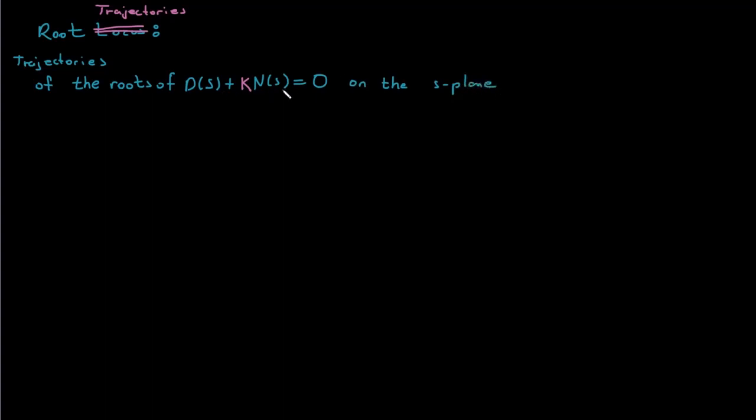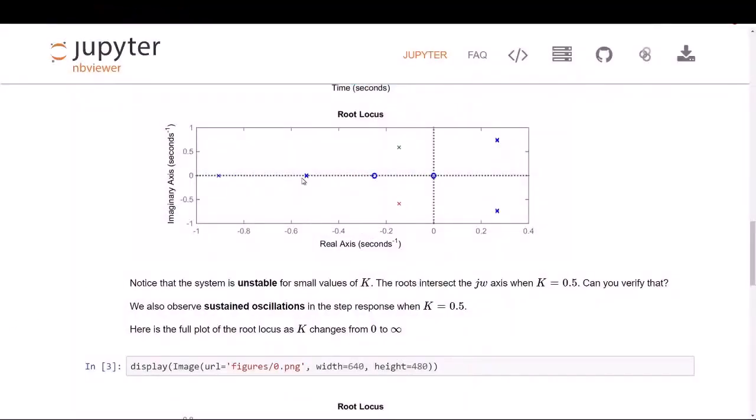In the sense that for each value of k, we are finding a root of this equation and plotting them on the s-plane. I will show you once again on the web page, because we didn't have the chance to talk about the material on the web page.